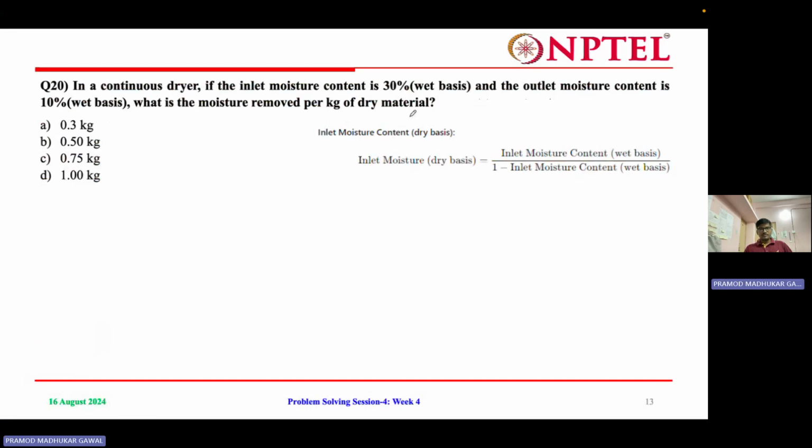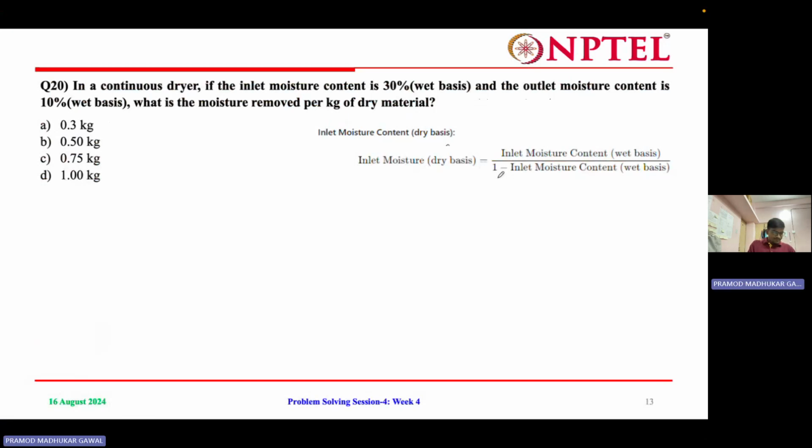Here the initial and outlet moisture content are given on a weight basis. So what is the moisture removed per kg of dry material? Here a formula is given for the dry basis, and based on that we have to calculate.